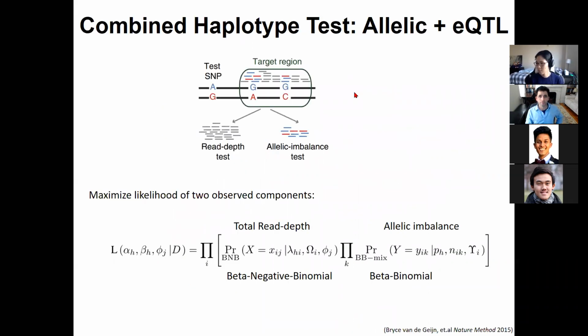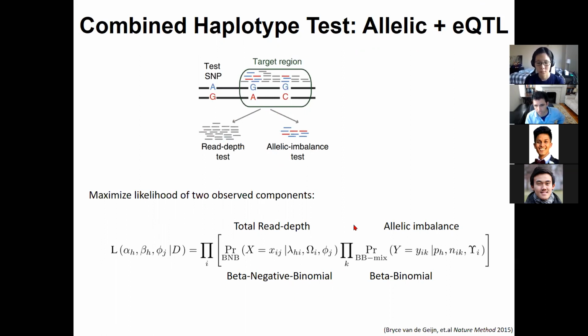But you can also combine the two types of information, allelic plus eQTL information. In the heterozygous individuals, you can look for allelic imbalance, and in the homozygous individuals, you can look at the overall read depth.